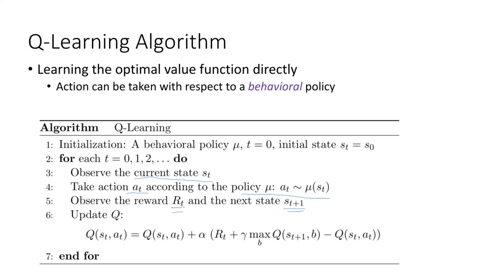You use this sample, current state, current action, the reward, and the next state to update your Q value as follows. Let me write this alpha as alpha t as a step size. Okay. So you are going to update your Q value at each time step.